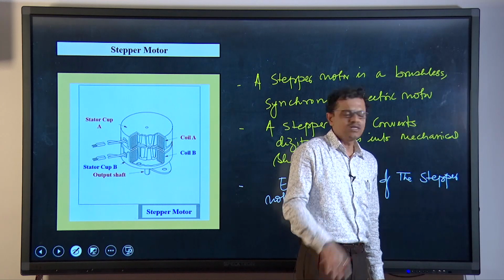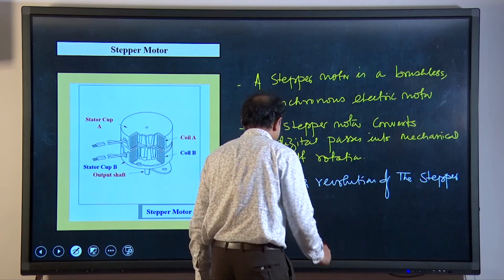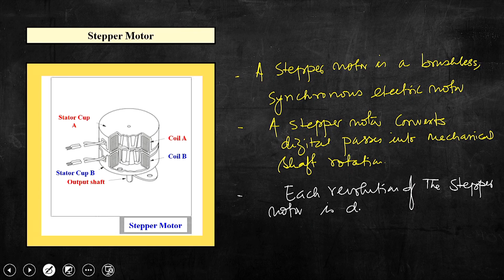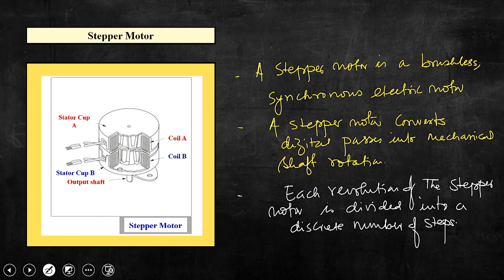So, each revolution of the stepper motor is divided into a discrete number of steps, typically 200, right.